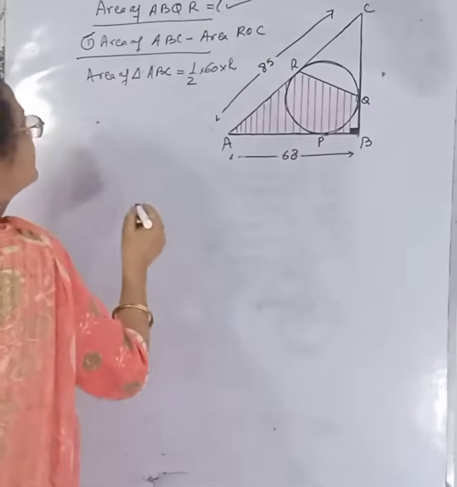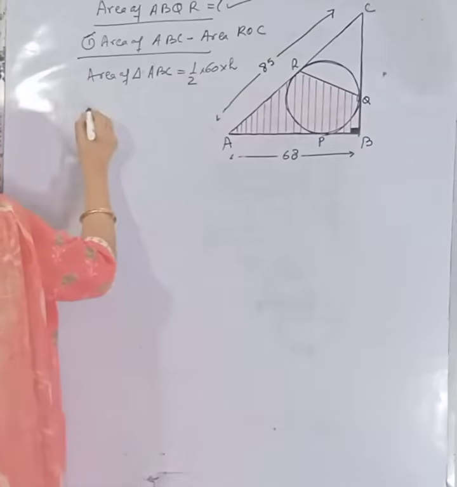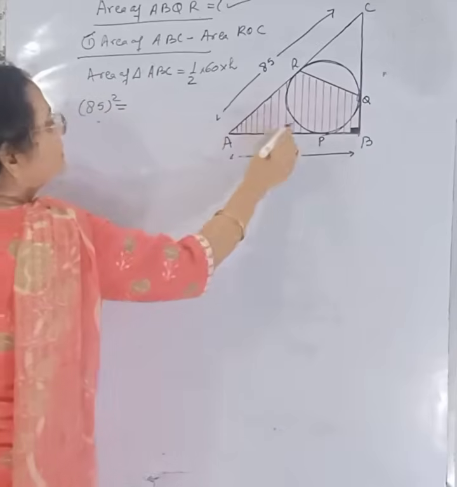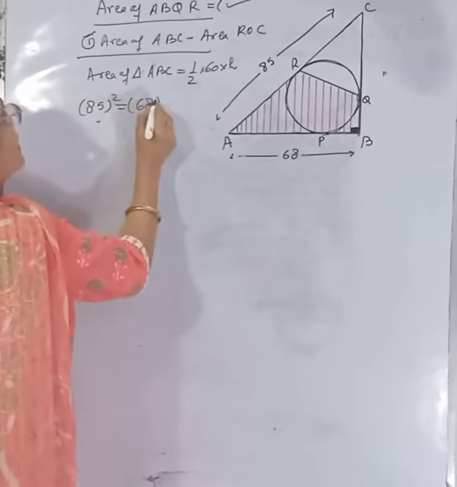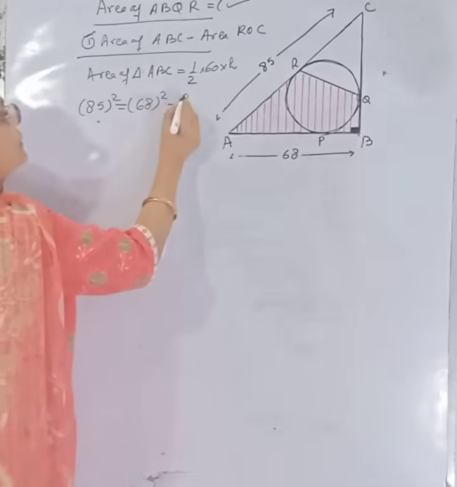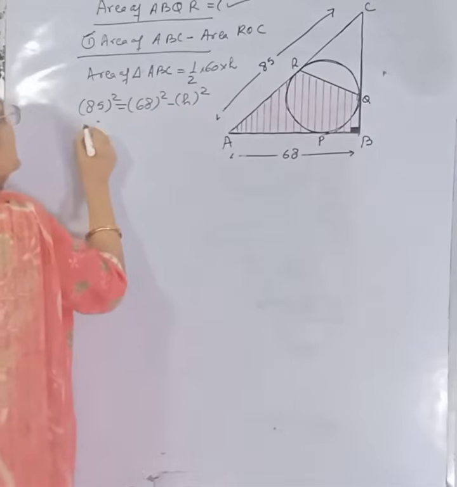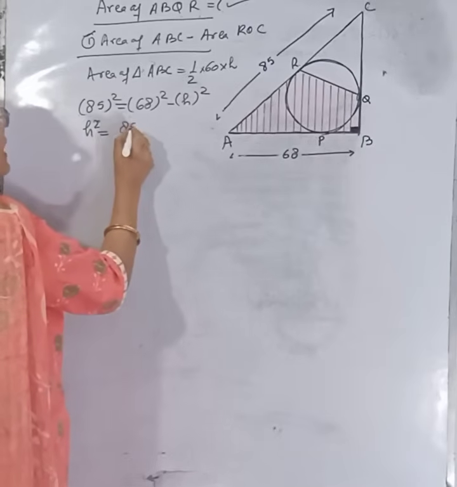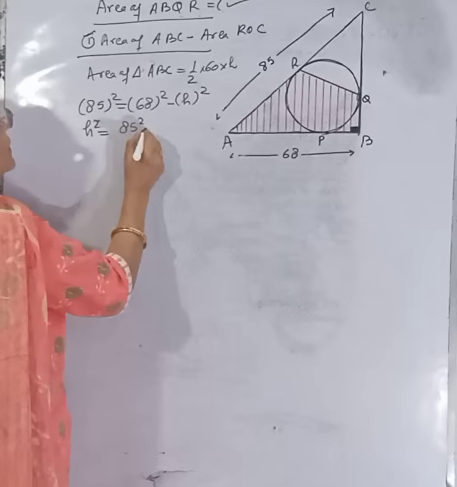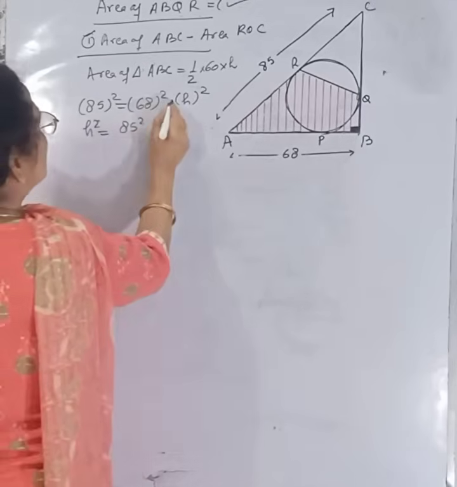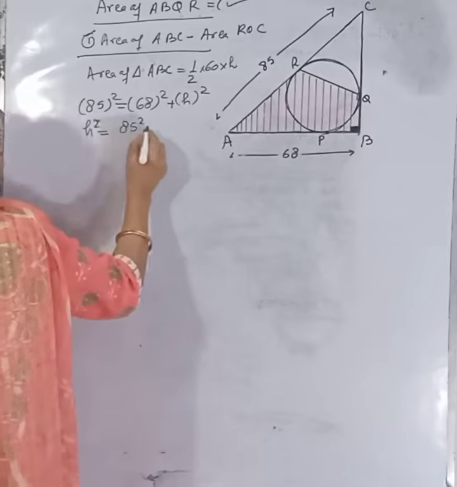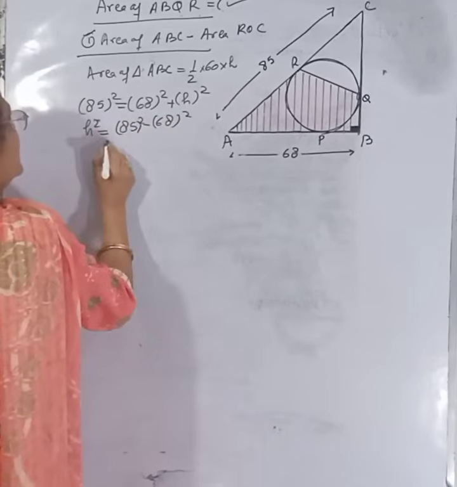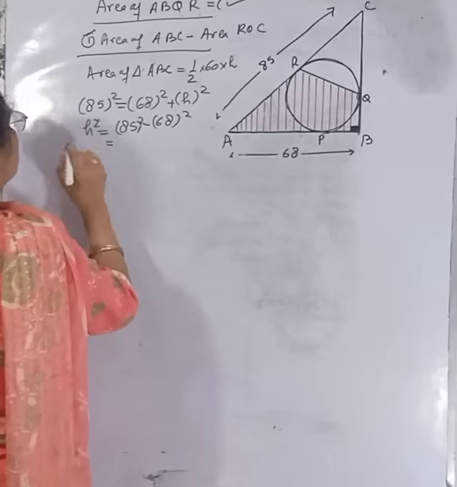How? 85 square will be equal to 68 square plus h square. So h square will be equal to 85 square minus 68 square.